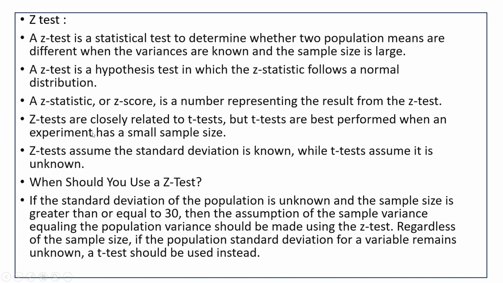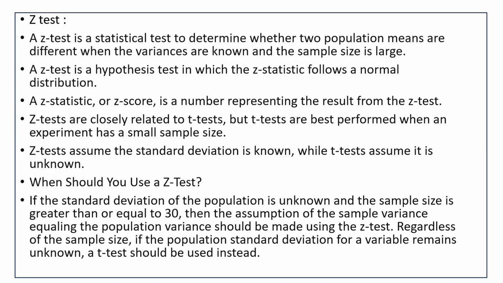Now a Z statistic or Z score is the number which represents the result from the Z-test. So Z-tests are closely related to T-tests, but T-tests are best performed when an experiment has a small sample size, and Z-test assumes the standard deviation is known, while T-test assumes that it is unknown.